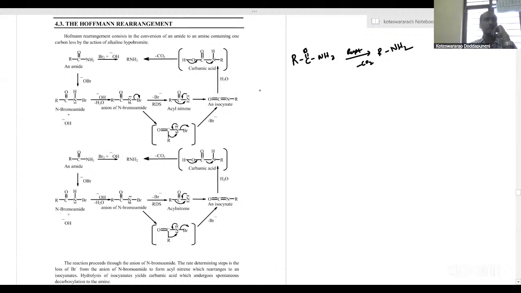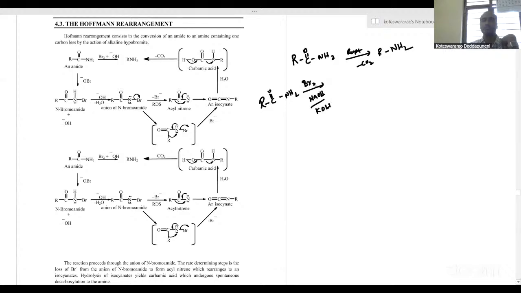What is going on in this Hoffmann rearrangement? The amide is treated with bromine in sodium hydroxide or a strong base, any strong base like potassium hydroxide.